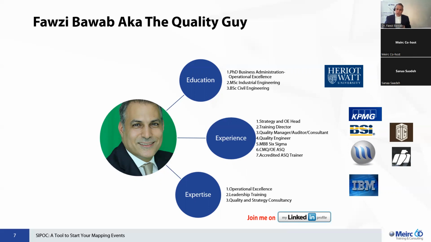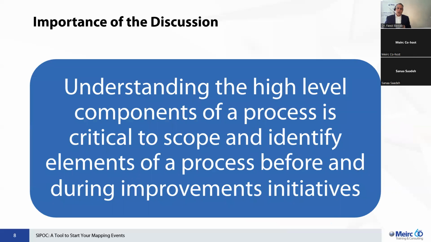And today I have chosen to talk about the SIPOC model. Now, why are we talking about the SIPOC? Well, basically, when you engage in any type of project for improvement, you always need the understanding of the high-level components of the process.